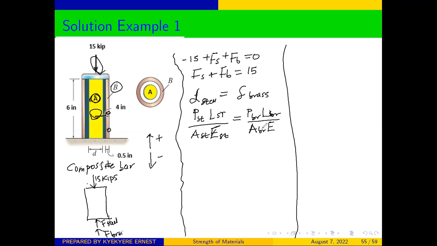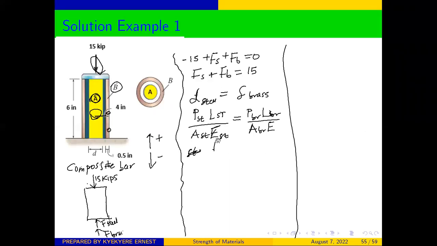We know the length of the steel is the same as the length of the brass, but we have different diameters.